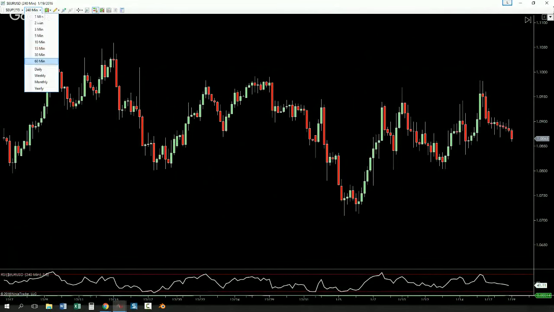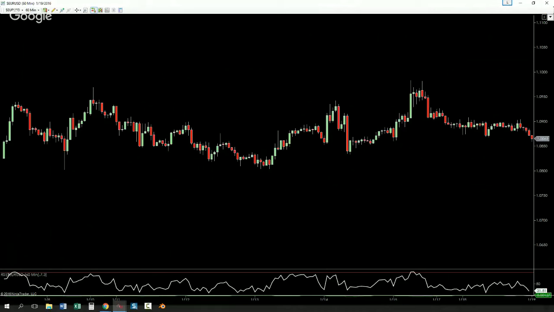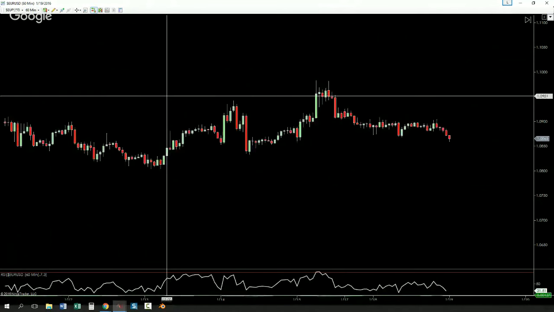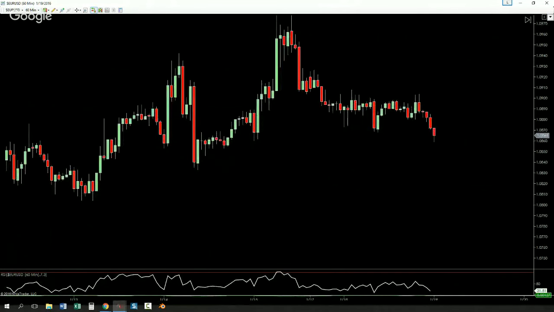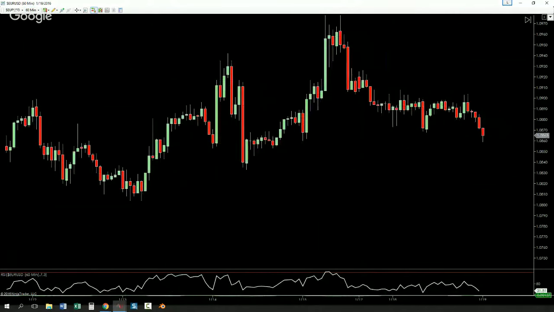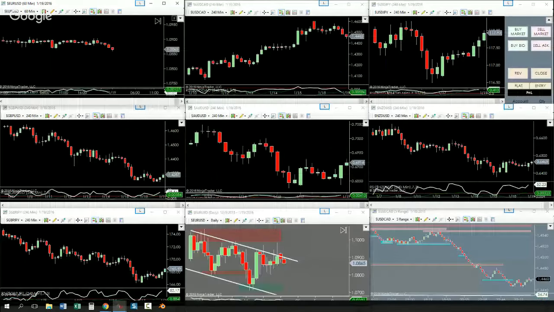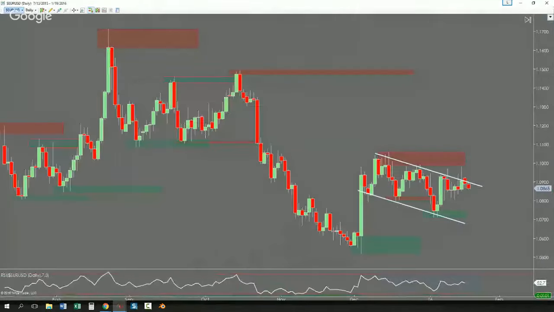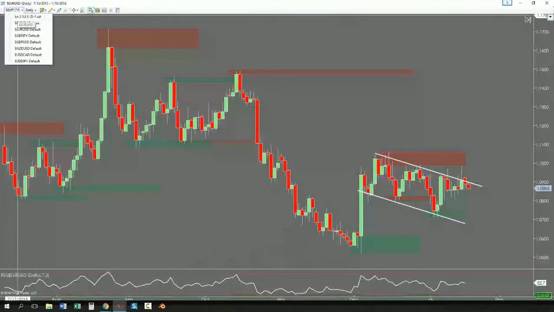Nothing there. 60-minute. Nothing there. They are in consolidation, so most likely we will find quite a few patterns throughout the week for those.